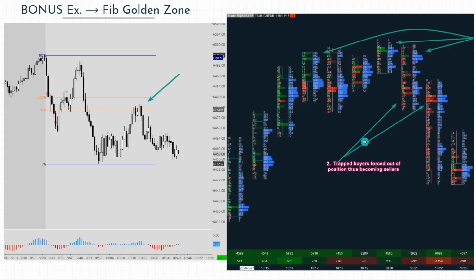Okay, and I put a bonus example. I actually forgot I put this. I know lots of you love the Fibonacci golden zone ratio, the 50% and the 61.8% retracements. So I looked at the order flow, the absorption, at one of these setups.